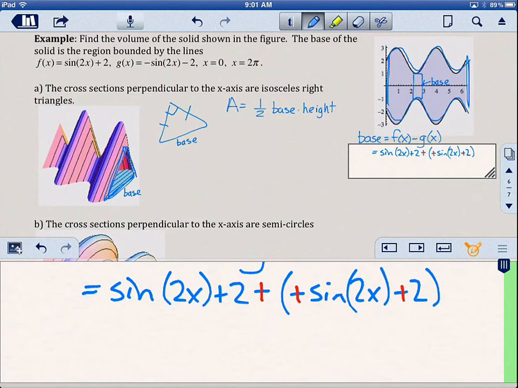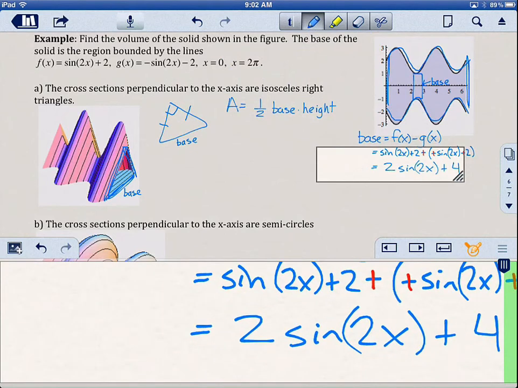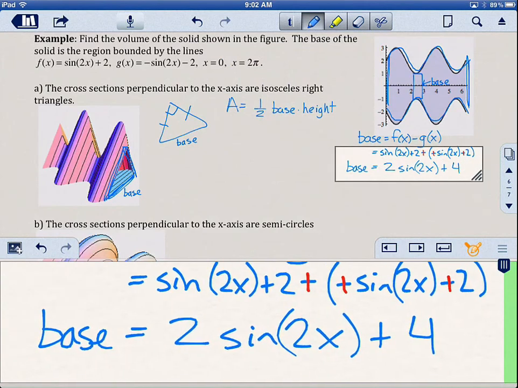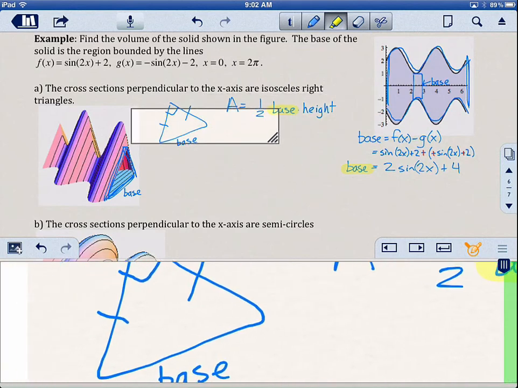And so we get 2 sine of 2x plus 4. And this is the base. So we have one part of our function, A of x, but now we also have the height. So let's deal with the height over here.